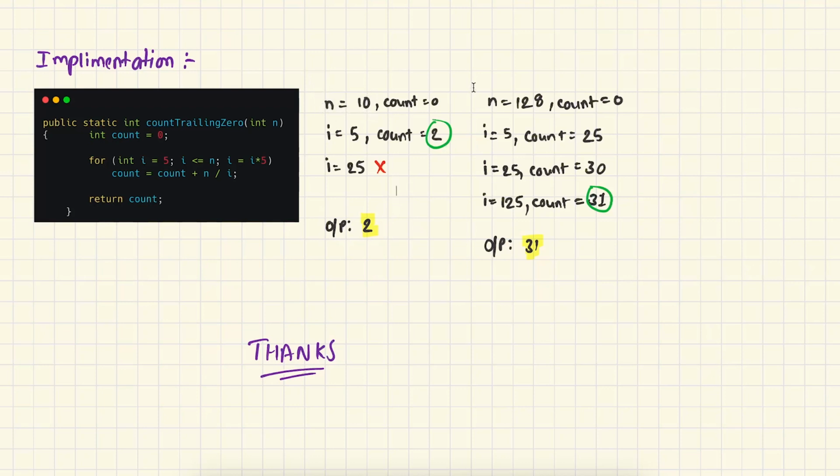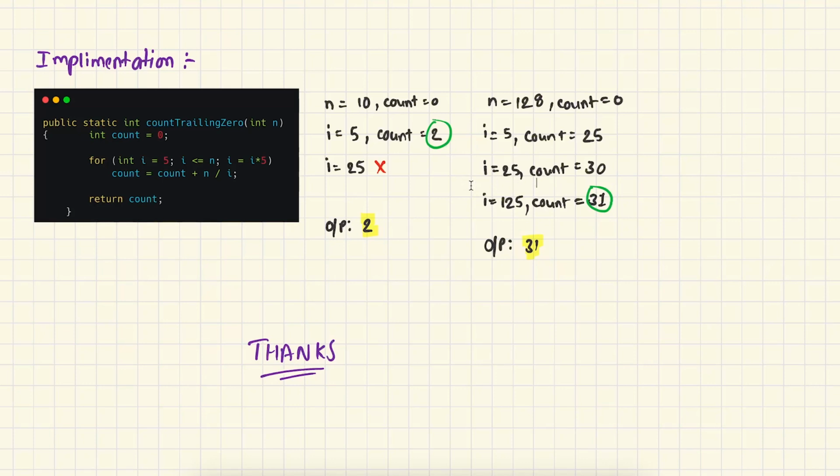Okay, let's see the next example. Let's say n is equal to 128. The initial value of count is 0. In first iteration, we divide 128 by 5 and the value of count becomes 25. We have seen this before, that when we divide 128 by 5, we get 25. In next iteration, we increment the power of 5 by 1, it becomes 25, and this time the value of count becomes 30, because 25 plus 5 becomes 30.